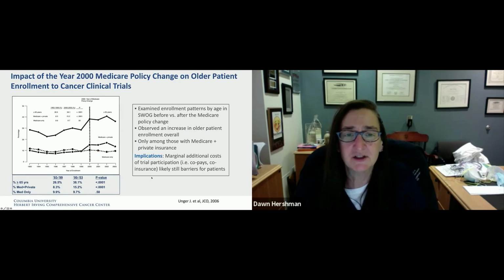And those policy changes had an impact in terms of increasing the likelihood of patients being enrolled in clinical trials. And you can see before and after, patients over the age of 65 had an increase in enrollment, but specifically limited to patients that have both Medicare and private insurance.